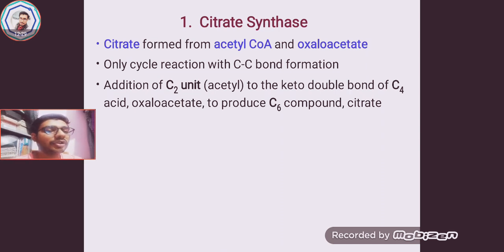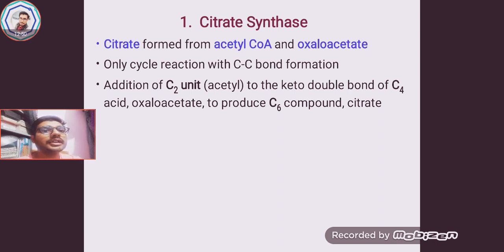Let's talk about all the enzymes one by one. If we look at the properties of citrate synthase, citrate is formed by acetyl coenzyme A and oxaloacetate with the help of citrate synthase.